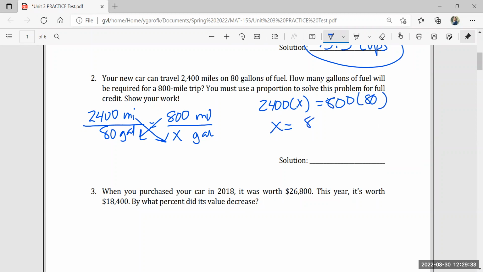So X is going to be 800 times 80 over 2,400, which is going to give us about 26.7.